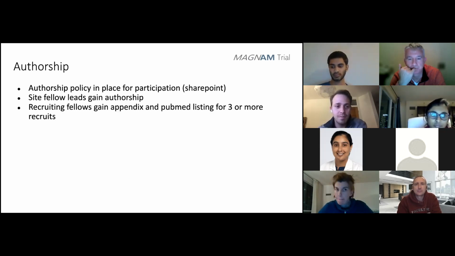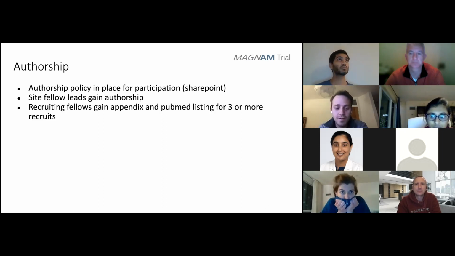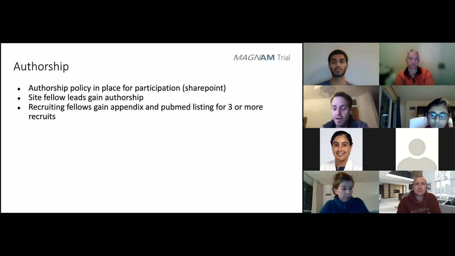Brian already explained the authorship, and I know I had sent this policy to you guys in email at some point. You will all gain main authorship on the paper for being a site lead fellow. And the recruiting fellows, if they recruit, and I think we decided more than 3 patients into the study, will become part of the MAGNAM trials group, and they will be listed on PubMed.